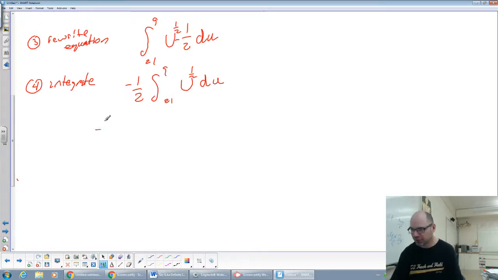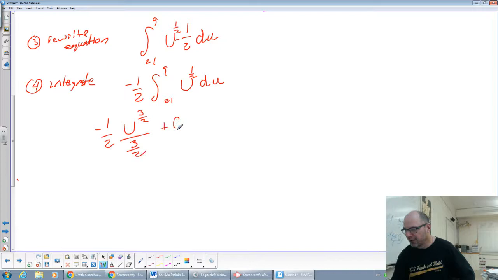Now we can finish integrating. So this is u to the 1/2. When we integrate this, 1/2 plus 1 is 3/2, and then we have to divide by 3/2 as well, plus c. So we've got to work that one out from 9 to 21.